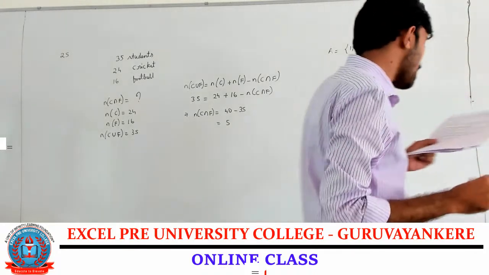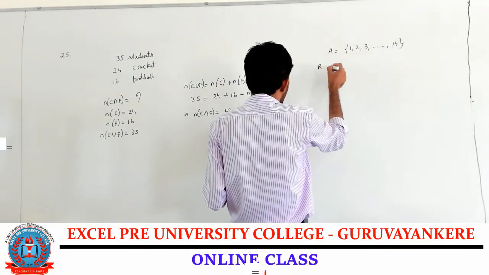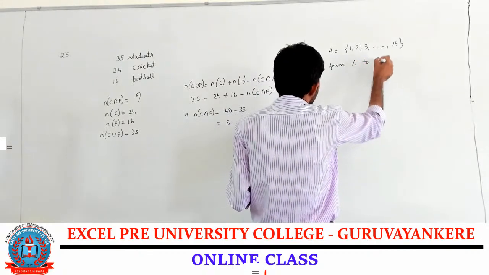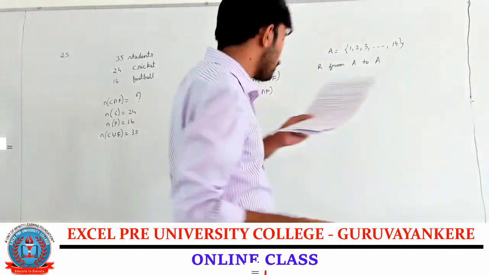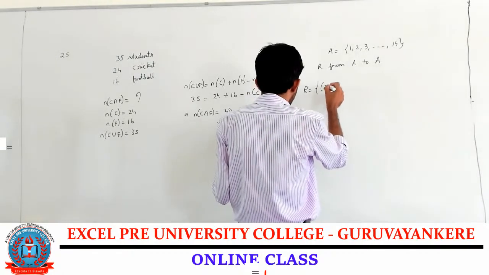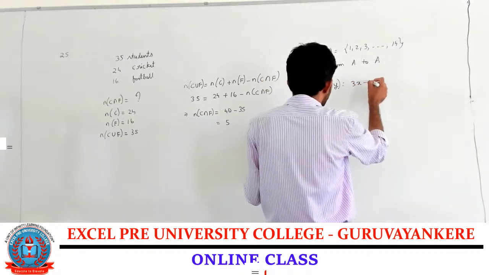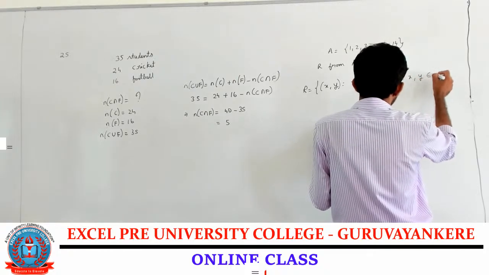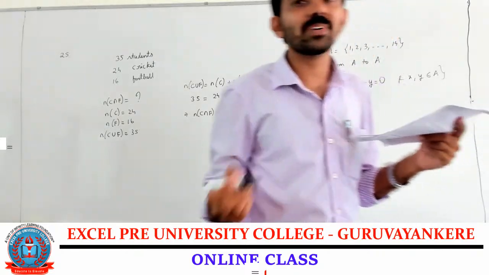Define a relation R from A to A. Relation R is defined from set A to itself by R is equal to the set of all ordered pairs x comma y such that 3x minus y equal to 0 and x comma y belongs to A. Write down its domain as well as range.